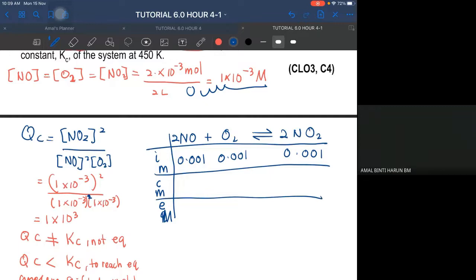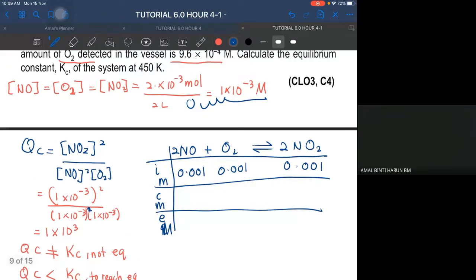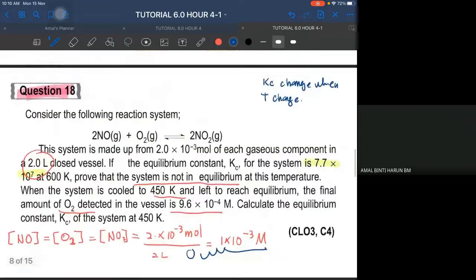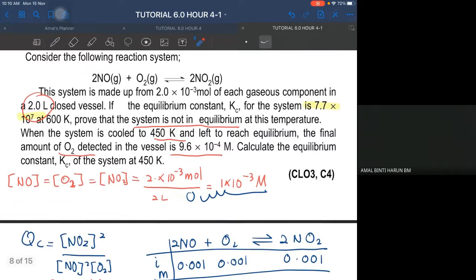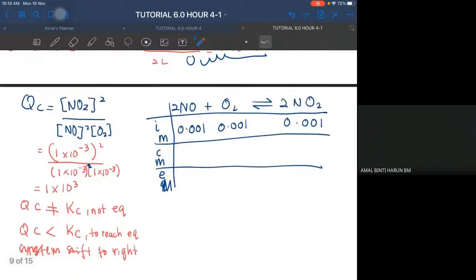Macam mana kita tahu setiap reaktan dan produk ni ada initial concentration? Ni dia bagi awal-awal. Dia kata setiap reaktan dan produk initial dia adalah ini, and allowed to reach equilibrium pada suhu 450 K. Sekarang tadi kita kira Q, system will shift to the right.